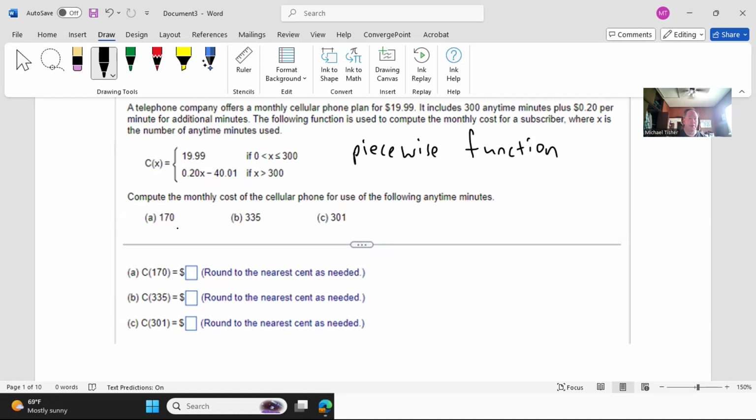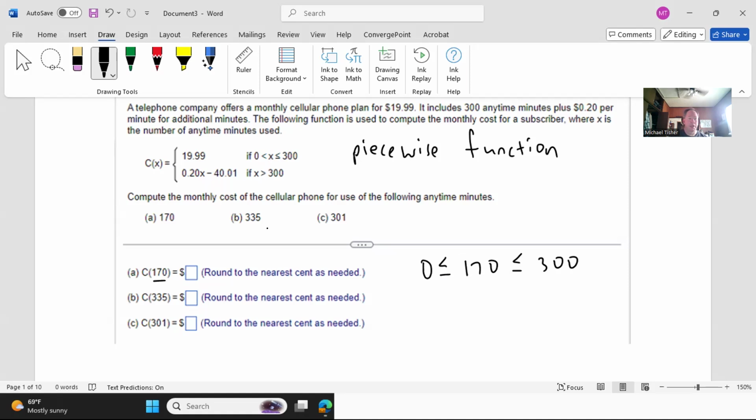So this is for 170 minutes. Basically, we want to compute the cost if we used 170 minutes. To do this, 170 is the x in this case, and we note that 0 is less than or equal to 170, but at the same time, it is less than or equal to 300.